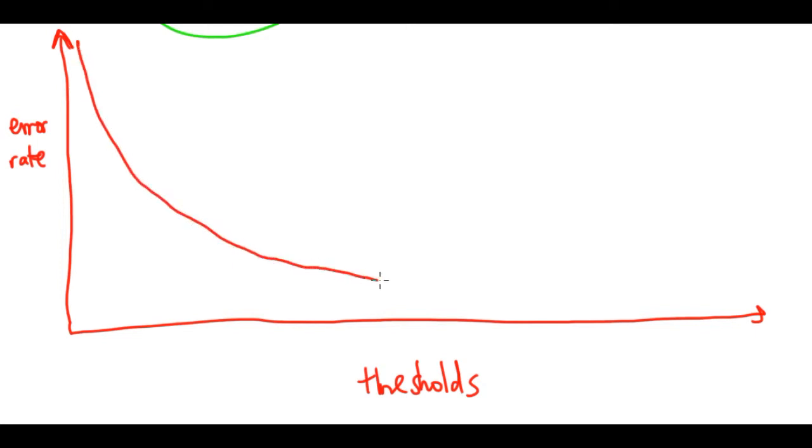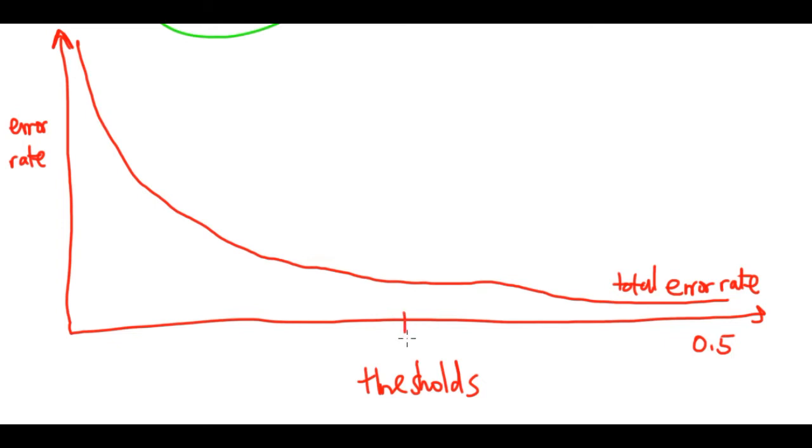This is going to be my total error rate. Let's say here this is going to be 0.5. As you can see, when we went to a 0.2 threshold, our total error rate slightly increases, right? Slightly increases.